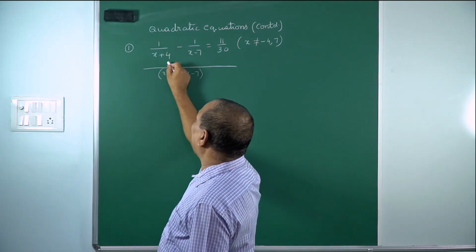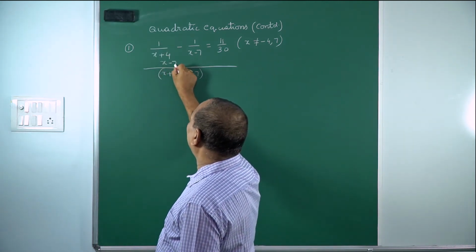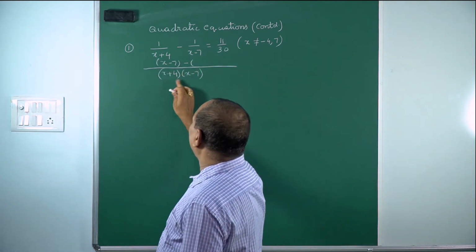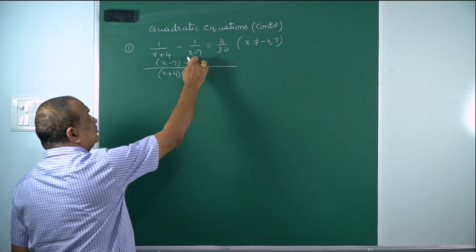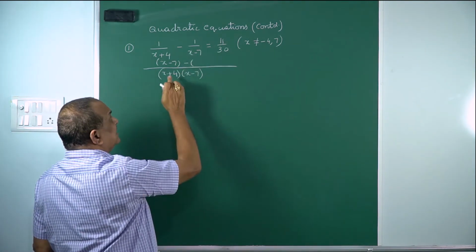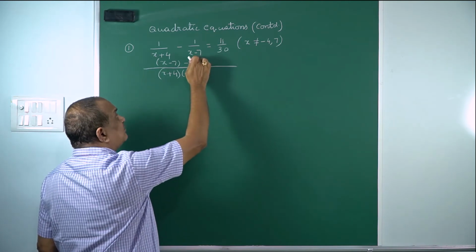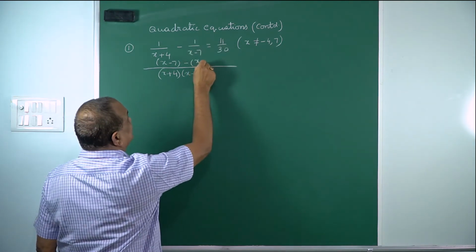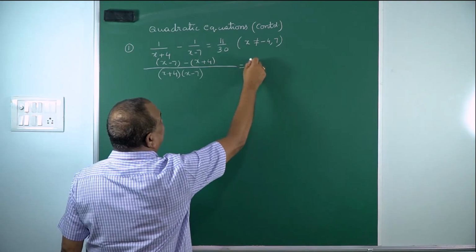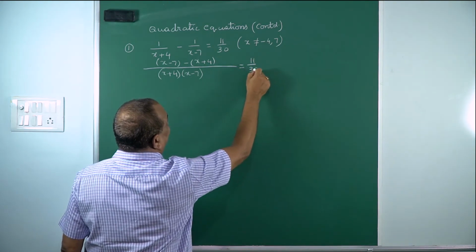Minus, in this product, x minus 7 goes x plus 4 times, x plus 4 times 1, it is x plus 4. And it is equal to, as we have seen, 11 on 30.